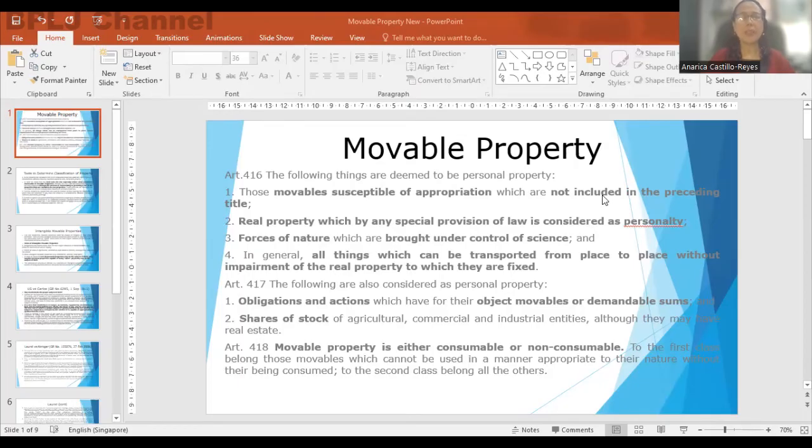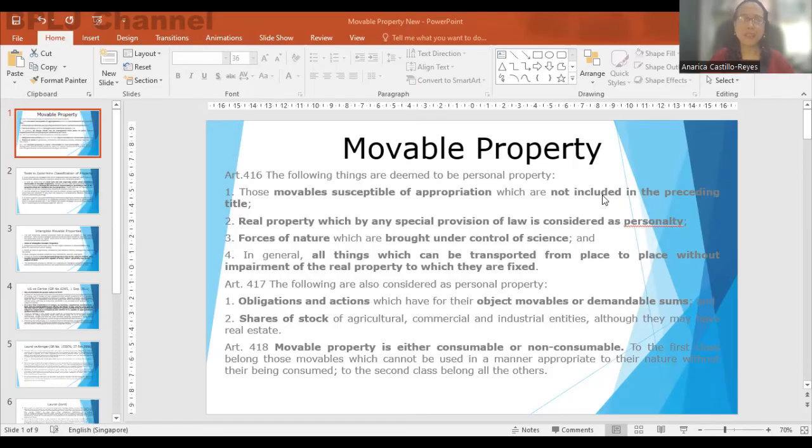Previously, when we were discussing immovable properties, we said that by the provision of Act number 1508 or the Chattel Mortgage Law, growing crops, even if they are considered as an immovable property under Article 415, paragraph 2, the same is considered as a personal property by special provision of the law.